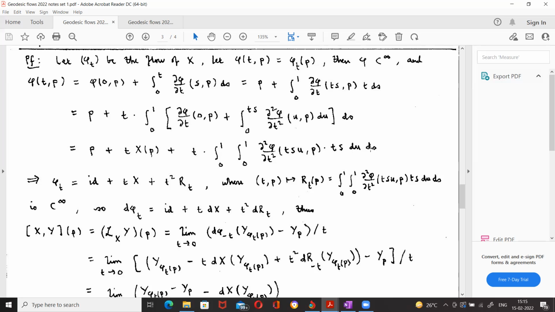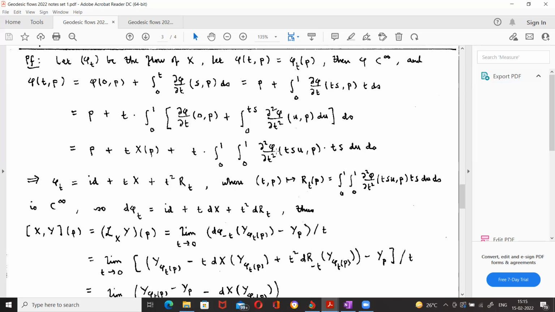Is this all right? Yes. Okay, so I have a t here, so this t will come out and hit this t and give me a t squared. All right, so to sum up, inside I'll get some integral, which is a smooth function of t and p.